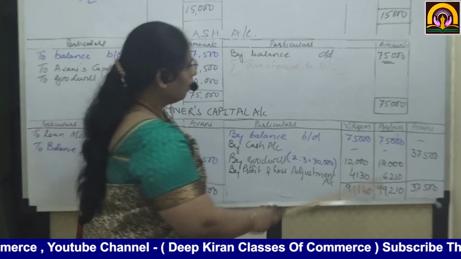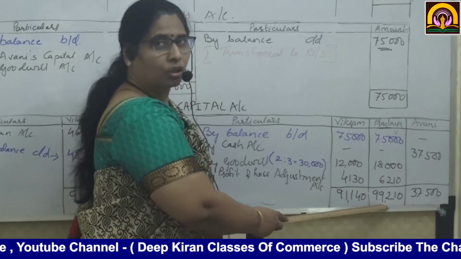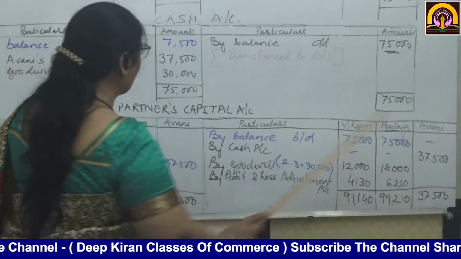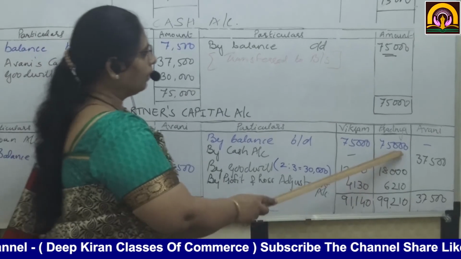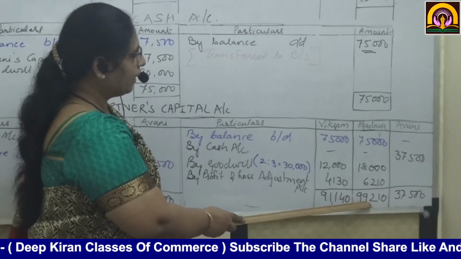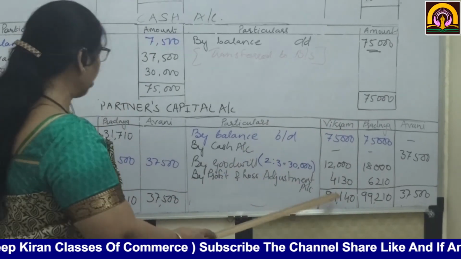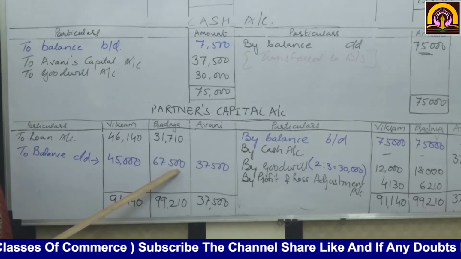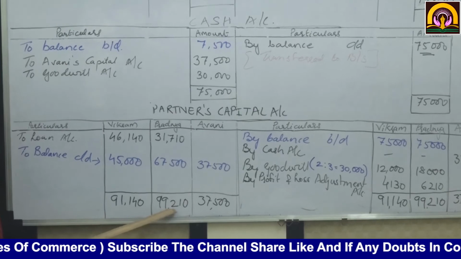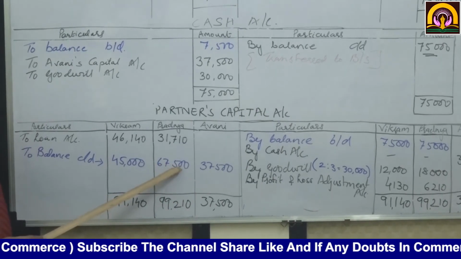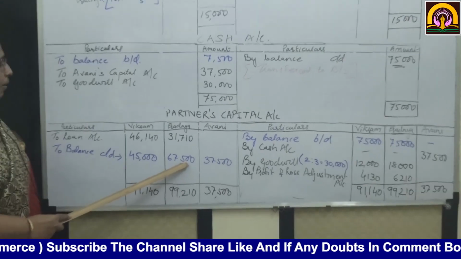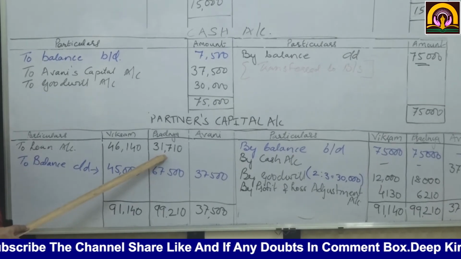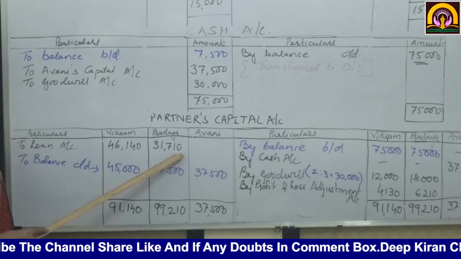Now what we are going to do is total the credit side. Avni's will come as it is, 37,500, and the total of both sides will be the same. Now Pradnya, what will be the total of Pradnya? 99,210 on the credit side, and we have written the balance 67,500. Now from 99,210 we have to less, minus 67,500. Okay, we will minus this figure and the remaining will be kept as loan in the firm, that is 31,710.